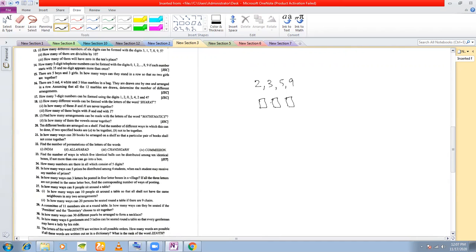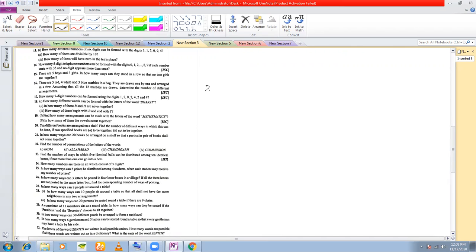Till now, if we are using 2 here, then you cannot use a 2 here, or here. Once you have used a 2, you cannot use it in this position also. This is called non-repeated permutation. Let us see one example of a repeated permutation. Now, what happens in a repeated permutation?